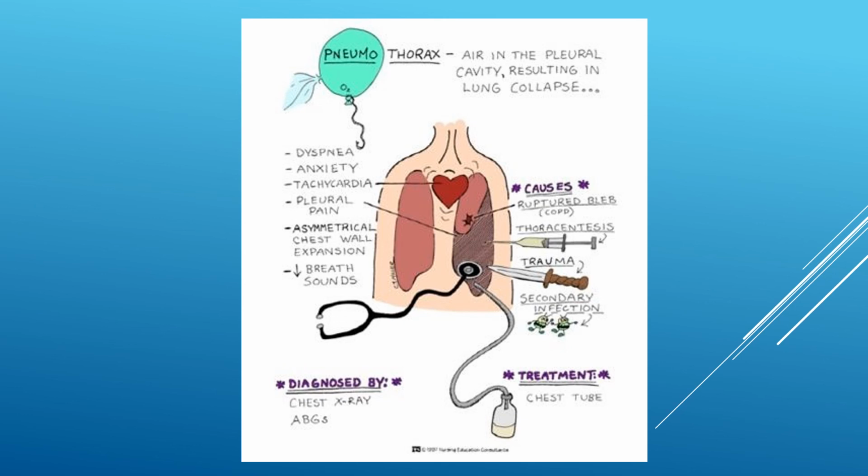So you almost couldn't even see the structures of his heart on his x-ray because he had so much subcutaneous emphysema that it made him look completely white out. So it looked very abnormal, but oftentimes with a chest x-ray you will be able to see that someone has a pneumothorax.